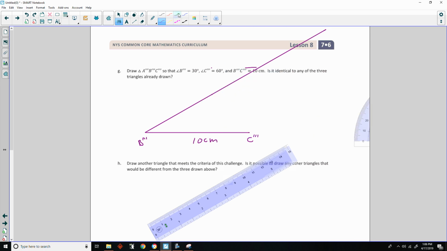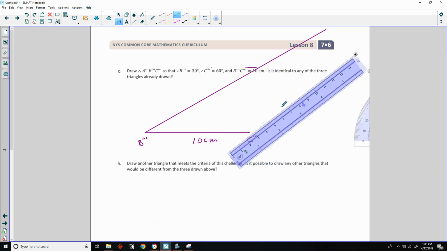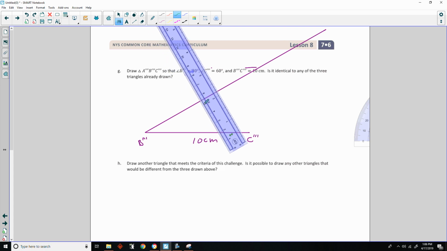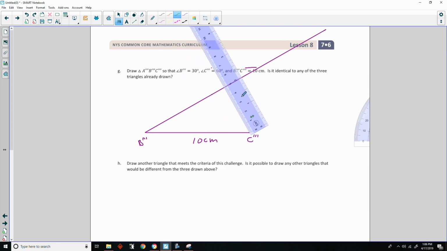I'll use a different color for this. I will put my ruler here, put this right at 0, and go through this point right here. Like so.